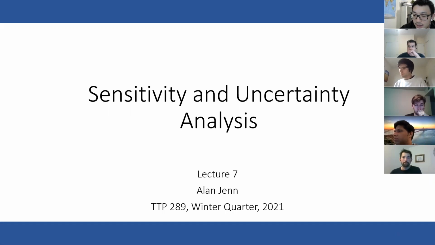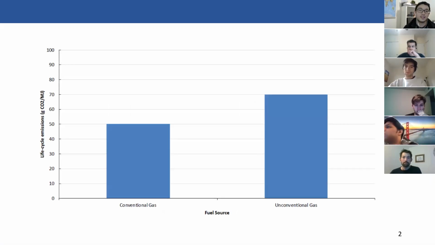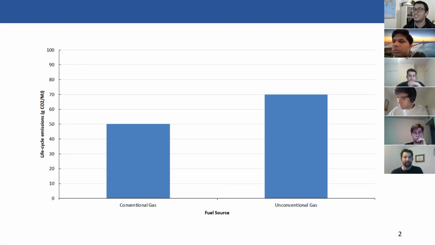I will start out with a fairly simple example here. And I'm going to ask for a volunteer once again to help me out. Anyone want to lend me some of your knowledge? You can go ahead. All right, Trisha.